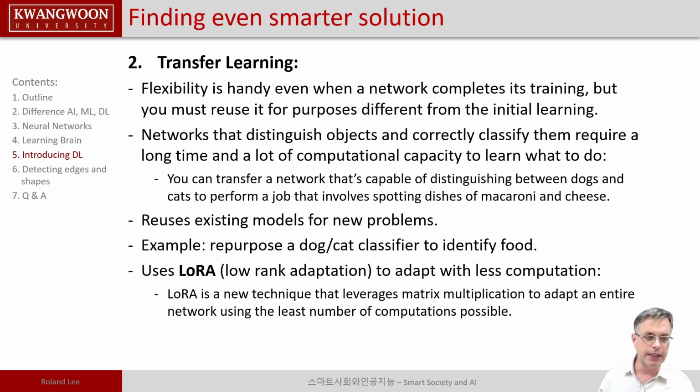Low rank adaptation, that is LoRA, is a new technique that leverages matrix multiplication to adapt an entire network using the least number of computations possible. In a short time, and with fewer examples, the network will apply to macaroni and cheese whatever it learned in distinguishing dogs and cats. It will perform even better than a neural network trained only to recognize macaroni and cheese.